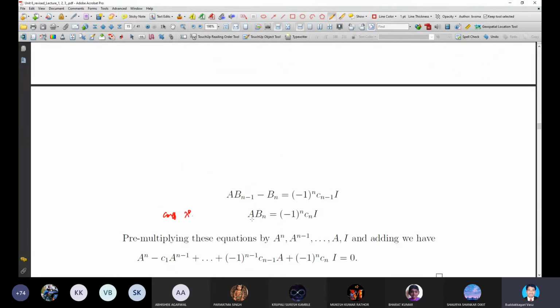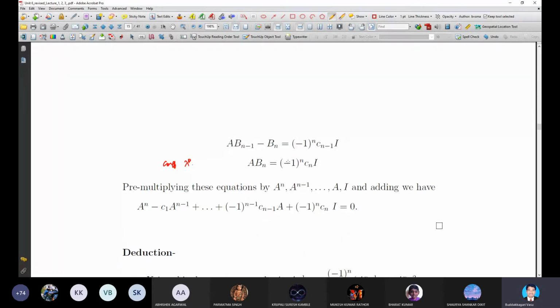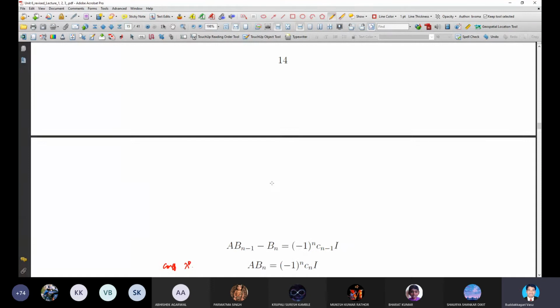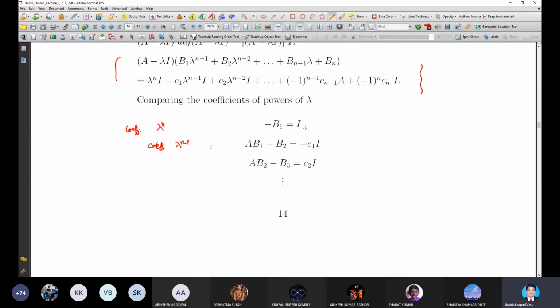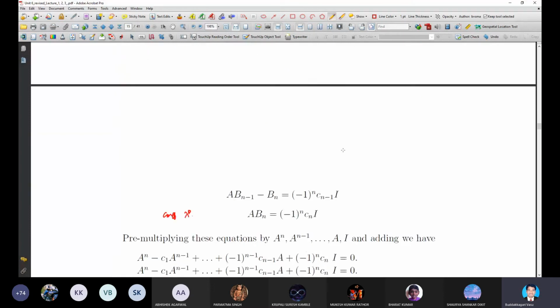That is what we have here. A Bn is equal to minus 1 whole power n into Cn into I. So these are the resultant comparisons we have drawn by comparing the coefficients of powers of lambda.